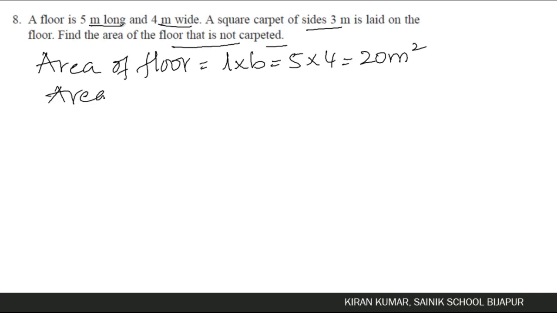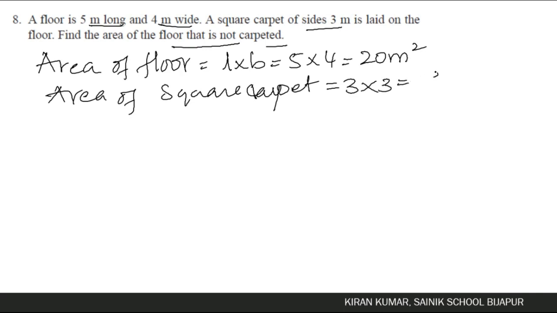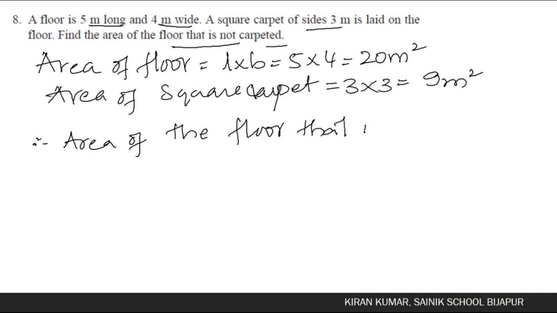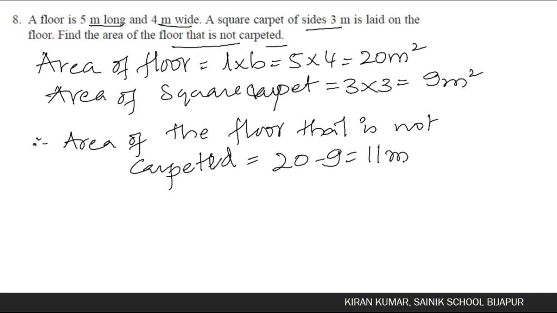Area of the carpet, which is square shaped, is equal to 3 times 3, side square, 9 meters square. Therefore, area of the floor that is not carpeted is equal to 20 minus 9, 11 meters square.